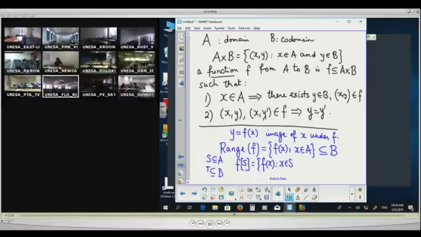That is the set of all images, but X is only taken from S, not from the whole of A. That is called the image of S.